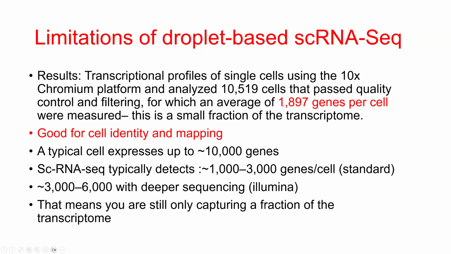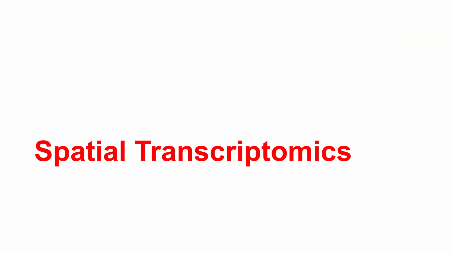You just need 2,000 genes per cell to identify those plots that we just saw. You can get up to 3,000 to 6,000 with some deeper sequencing, but that would add significantly to your cost. So just think about the question that you're asking, and then we can help you identify what technique might work best for you.